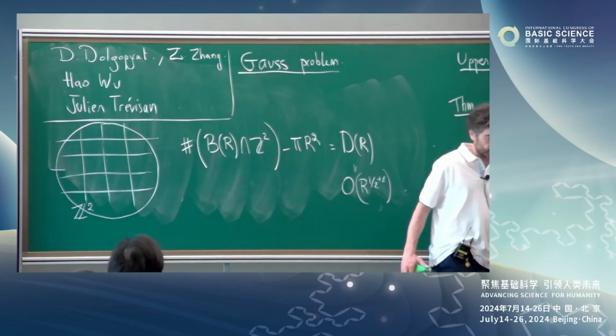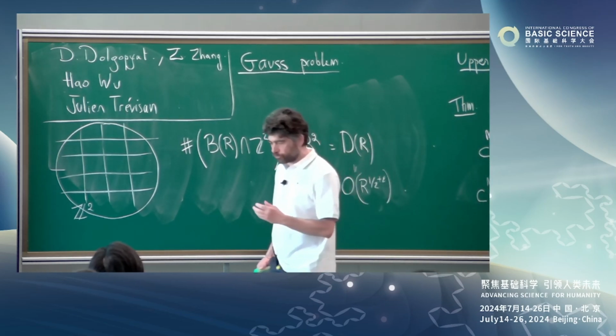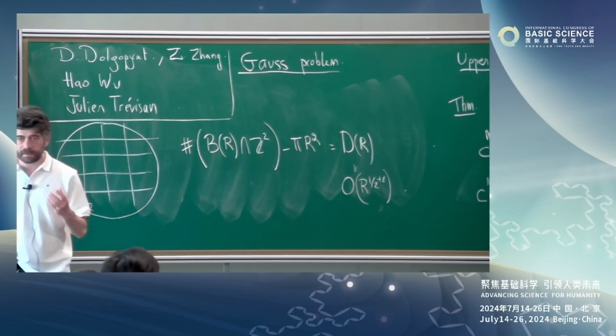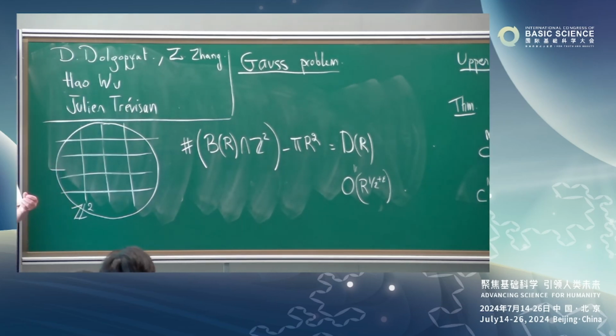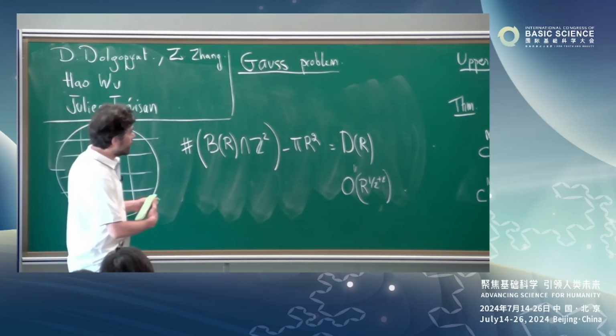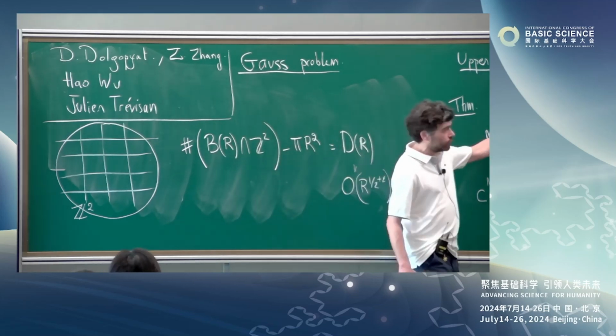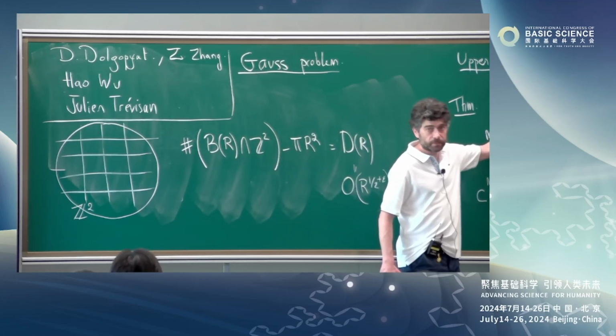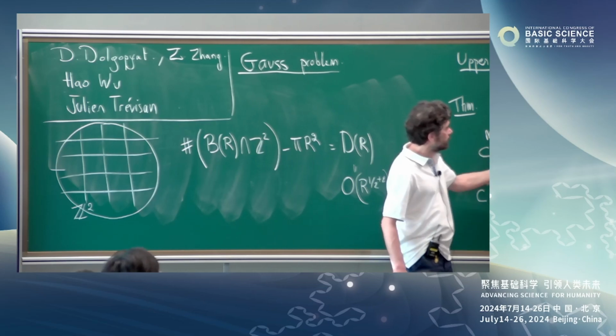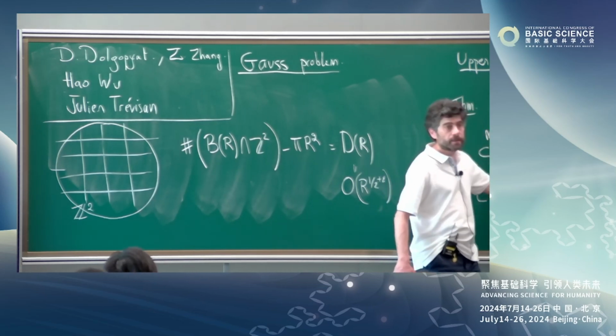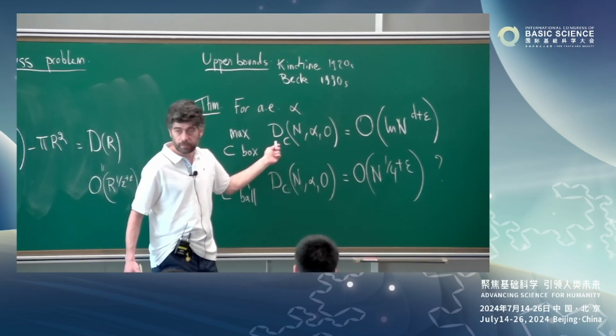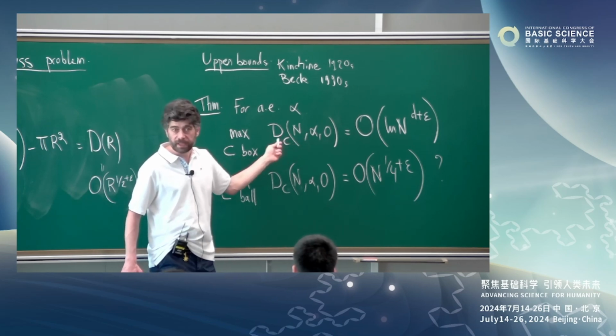You can have different approaches to discrepancy. You can try to understand discrepancy on average, because once you accept to look at alpha as a random variable, you start looking at this discrepancy as a random variable, and you want to know how it behaves.